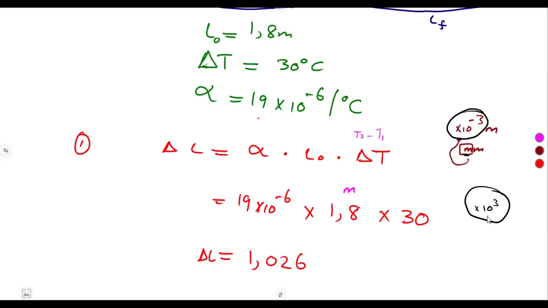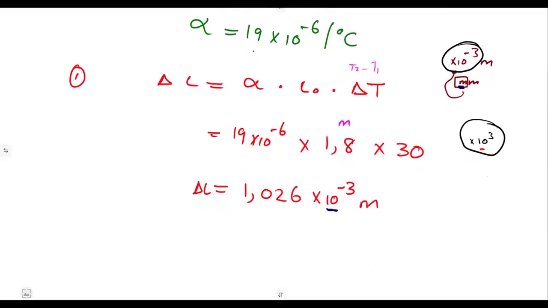1,026. Since we multiplied by this, it means our answer can be written as times 10 to the exponent of -3 in meters. Remember, this one simply means what? Milli. So that's a milli there.